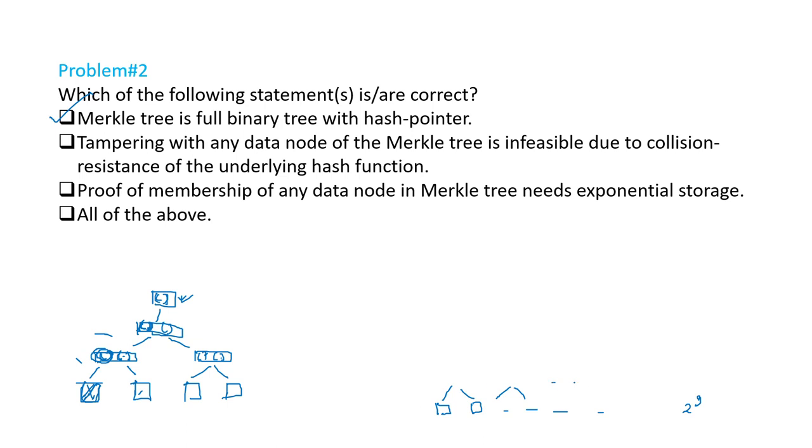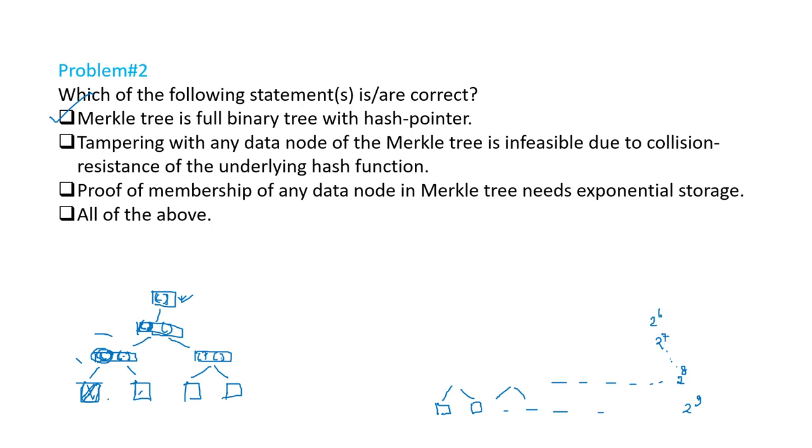At the level just above this, you will get 2 to the power 8 hash pointer nodes, right? So like that you proceed. Here you will have 2 to the power 7, 2 to the power 6, like that.